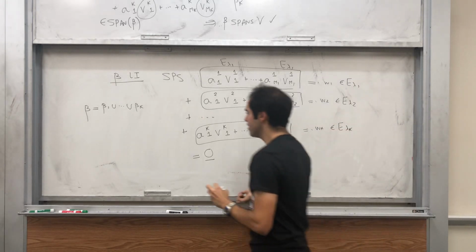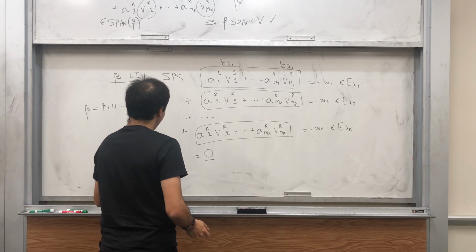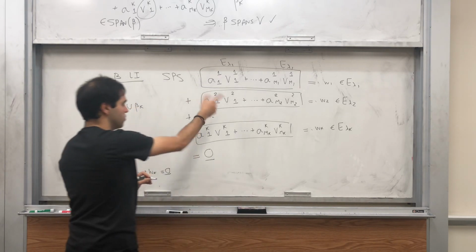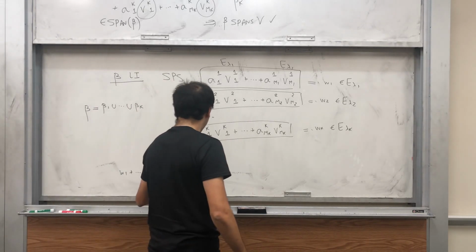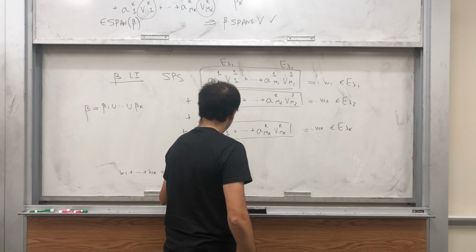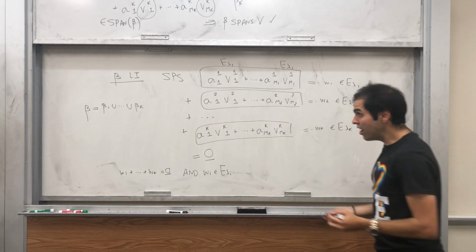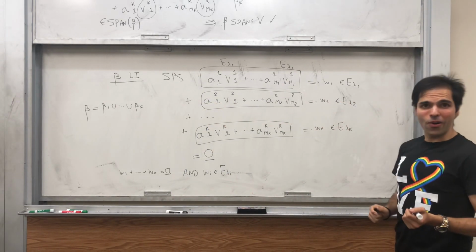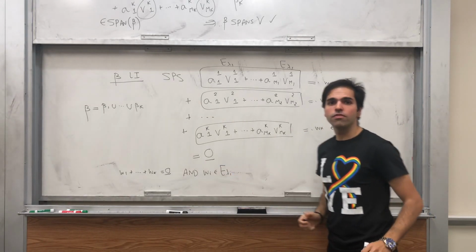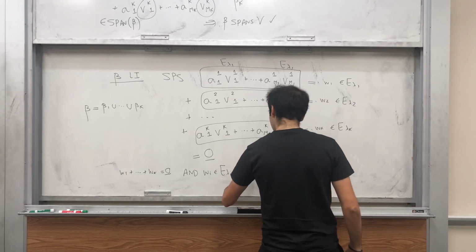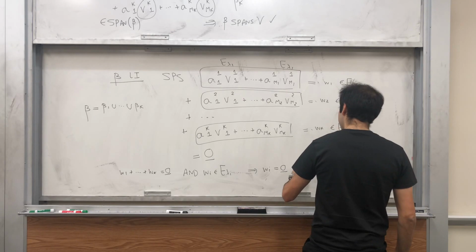So what do we get? We get that w1 plus dot dot dot plus wk equals 0. This just simplifies. And each wi is in E lambda i. So, by the second part of direct sum, we get by assumption that each of those is 0. wi equals 0 for all i.